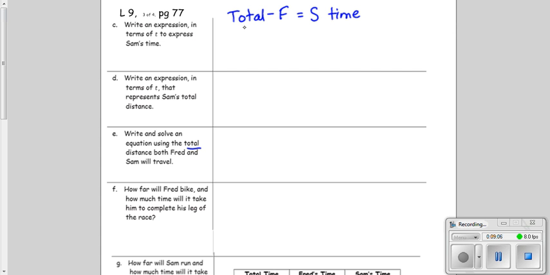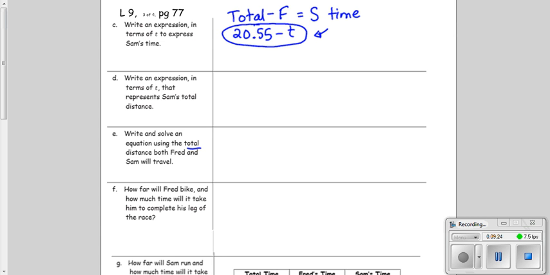We calculated the total time on the previous page to be 20.55. We wrote a variable for Fred's time on the previous page, which is t. And this is the expression that will be used to calculate Sam's time.